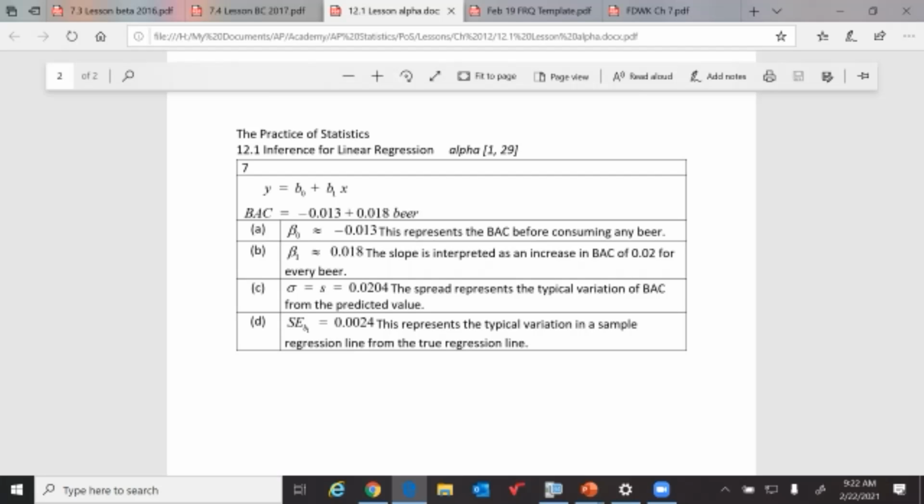Then sigma, 204 ten-thousandths, is the typical variation from the predicted value. Well, it's pretty big compared to that. The standard error of the sample slope is the typical variation in a sample regression line from the true regression line.